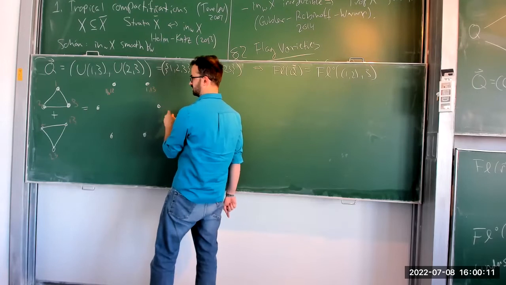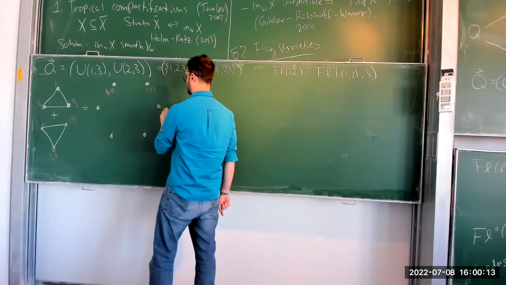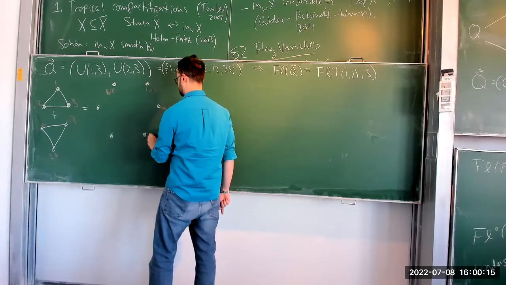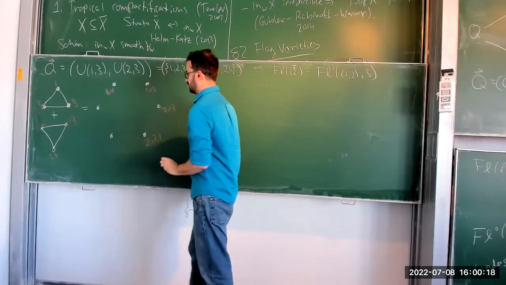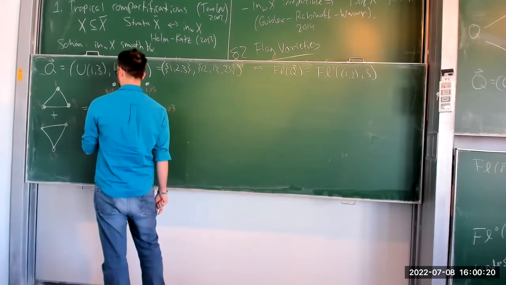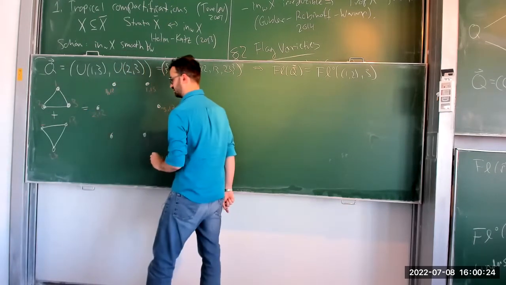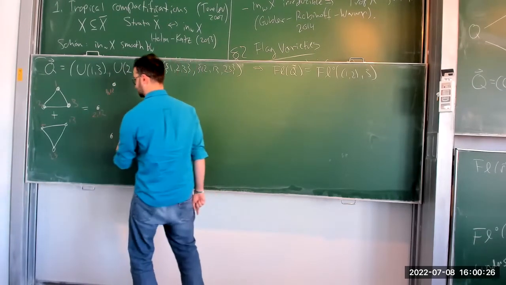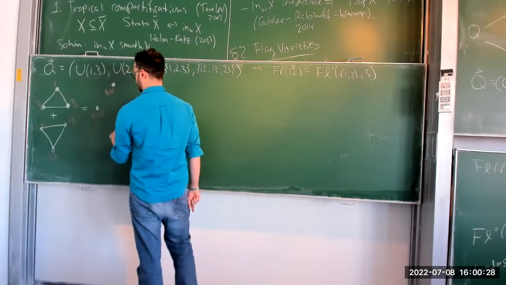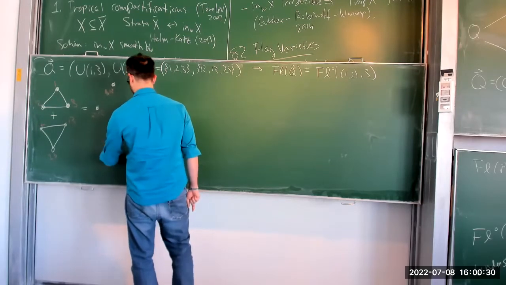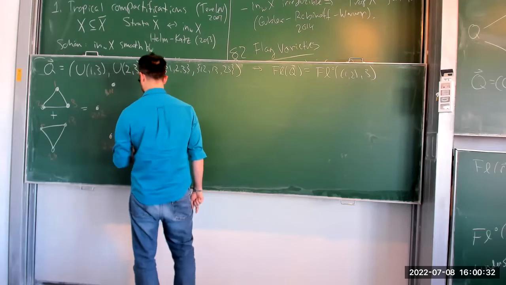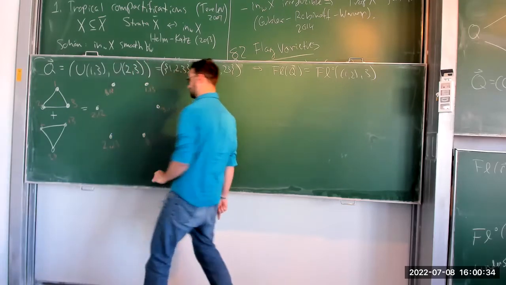Down here is like 3, 13, 2, 23. I guess this is 2, 12, and then last but not least, this is 3, 23.